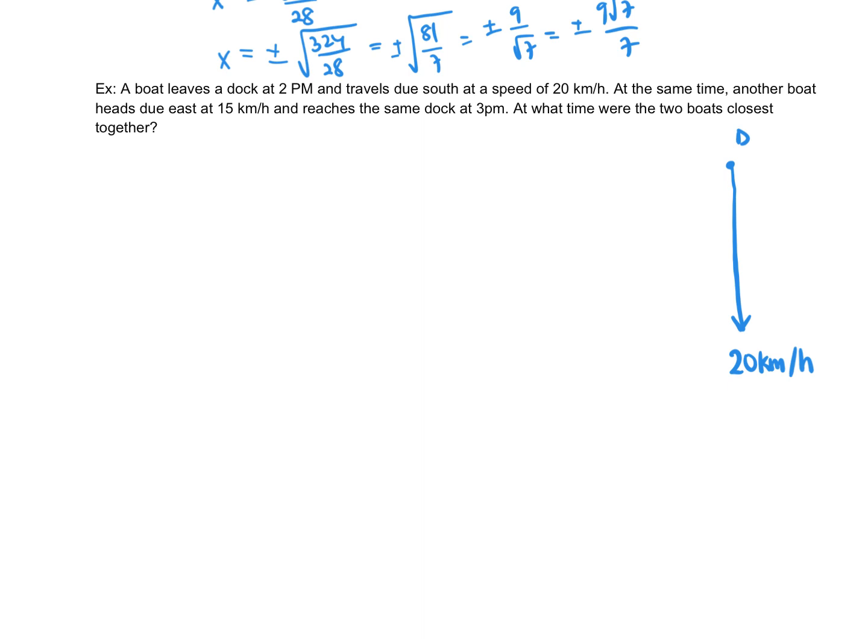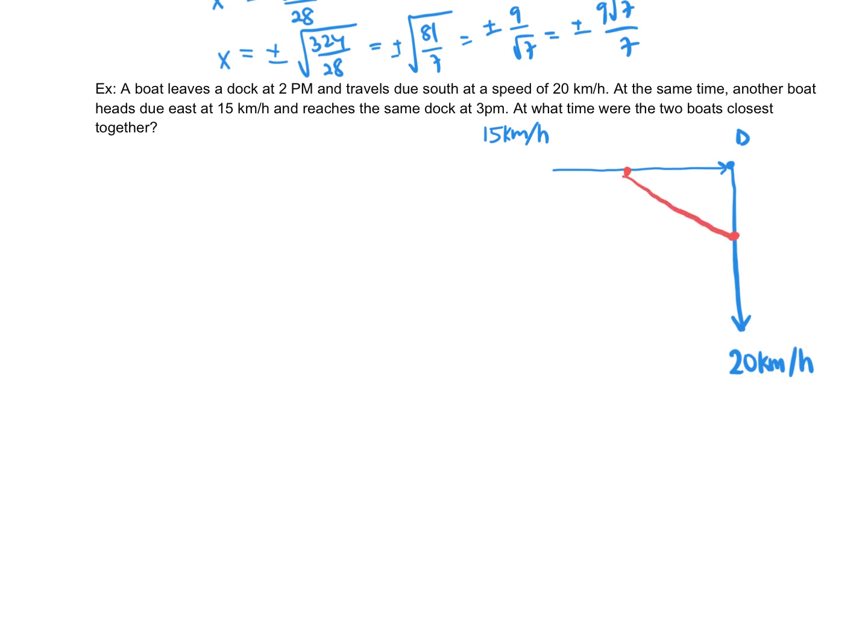At the same time, another boat heads due east at 15 kilometers per hour and reaches the same dock at 3 p.m., so an hour later. So let's say this is the other one, 15 kilometers per hour. At what time were the two boats closest together? So there's a certain point, at a certain time, maybe this boat is here and this boat is here.